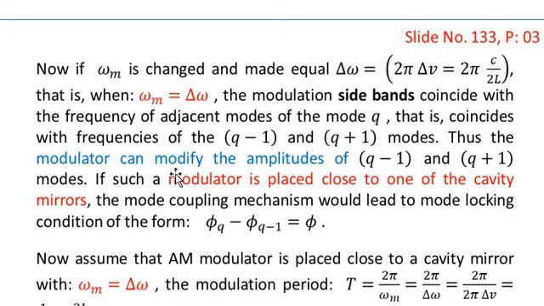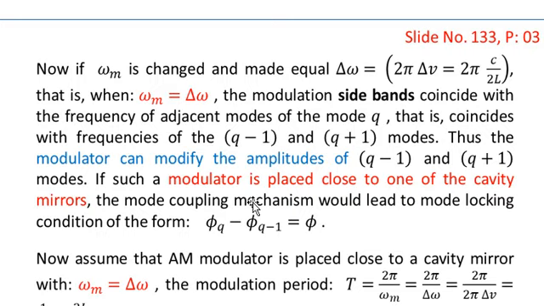Thus the modulator can modify the amplitude of q minus 1 and q plus 1, which are the original modes of the laser, because our modulator has an output with side bands which coincide with the q minus 1 and the q plus 1 modes.